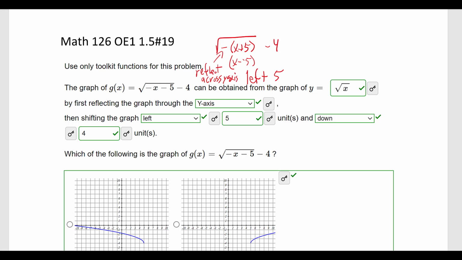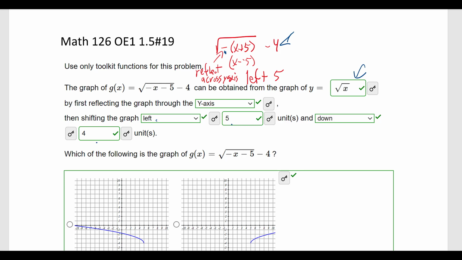So if you get to the rest of this, what is the basic function? It's this one here. It's the square root of x, reflected across the y-axis as discussed because of this negative here, and then shifted left by 5. We talked about that. And then this negative 4 makes it go down by 4 units.